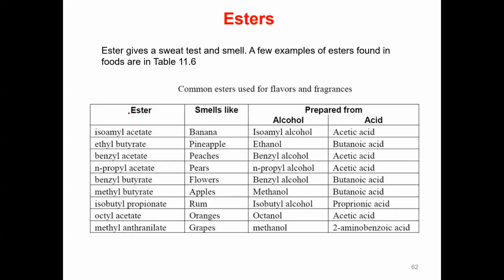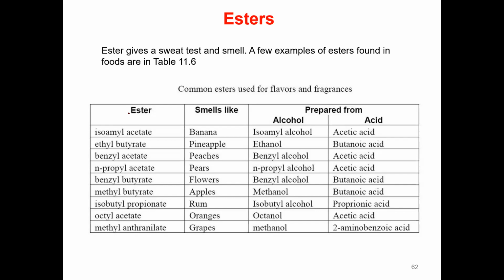A few example of ester found in food in the tables 11.6. Example of food bagai-bagai ni rasanya tak tahu pun tak apa saya rasa. Okay, so but basically this is the common ester used for flavor and fragrance. So kalau ada makan something ada rasa apa pisang-pisang sikit, maksudnya ada itulah compound isoamyl acetate.